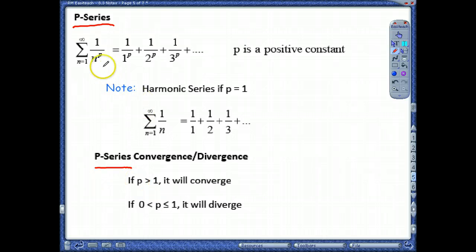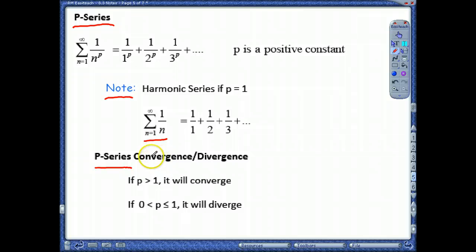Now a p-series, you've got 1 over n to the p power, which means your base is the one that's going to be changing, not your power. So you've got 1 over 1 to the p plus 1 over 2 to the p plus 1 over 3 to the p. Now, you've got a special name if p is 1. They call that a harmonic series.